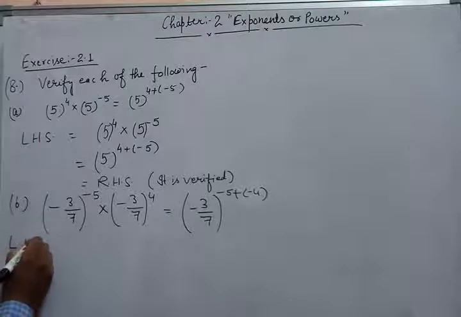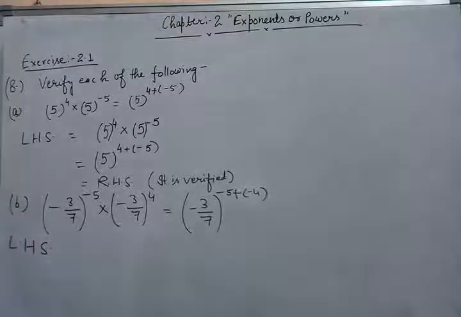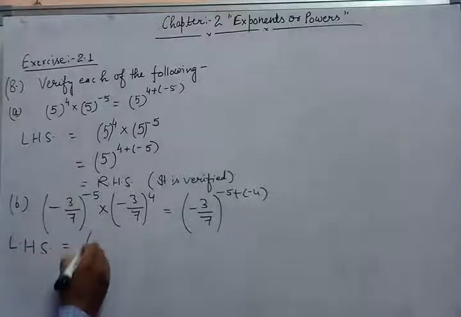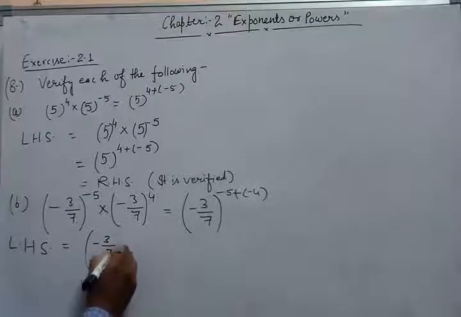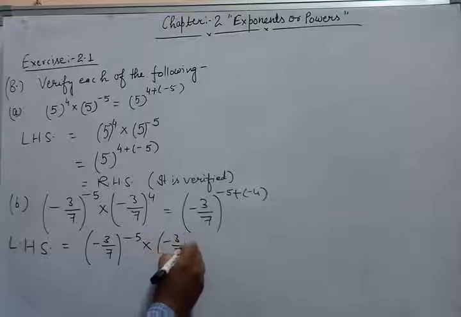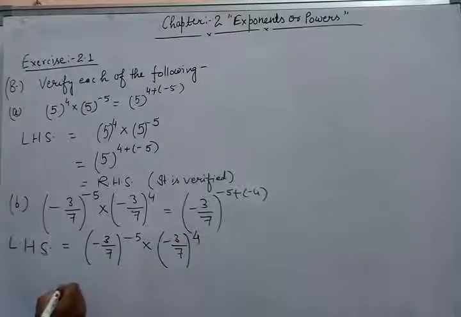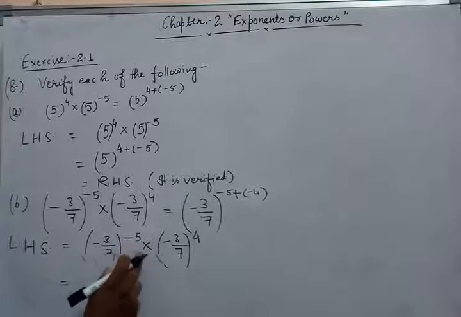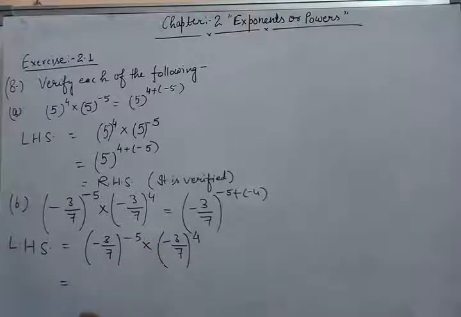So from LHS we can write minus 3 upon 7 to the power minus 5 into minus 3 upon 7 to the power 4.